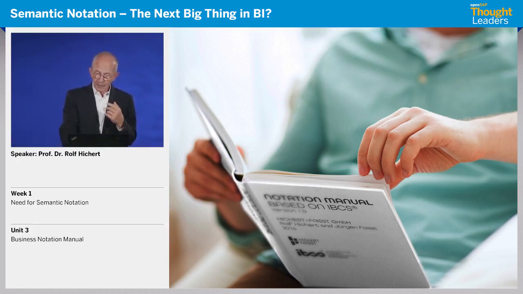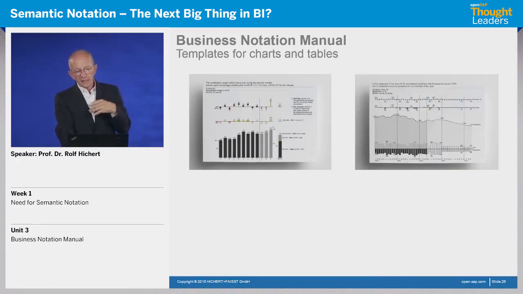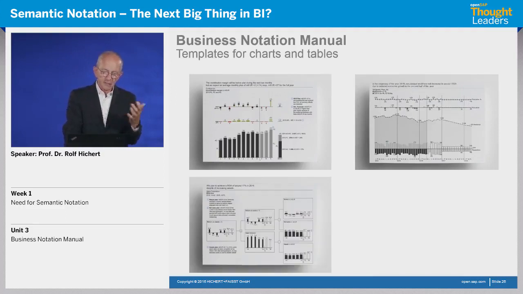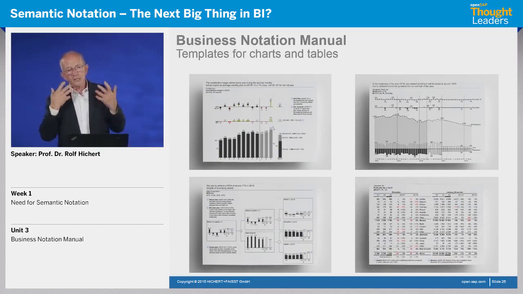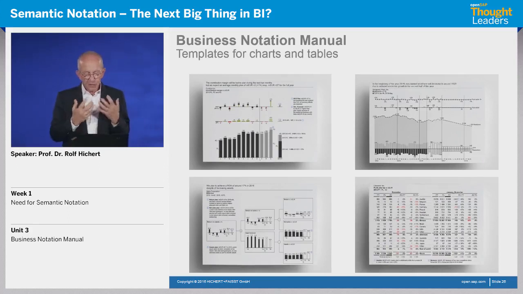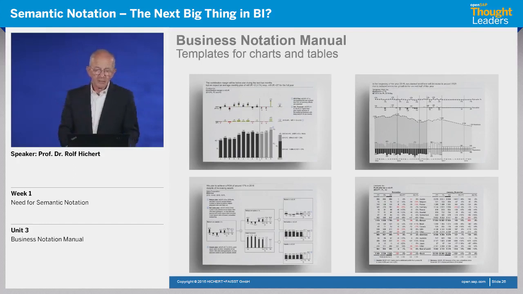So at the end, when we look at this manual, our charts, like this column chart with the variances, and maybe this line or area chart for headcount development, or this tree chart here, or this table, have the same layout, using the same semantic concept, the same meaning concept, and this is what helps the user, the visitor, the audience to understand our reports and presentations much more quickly.